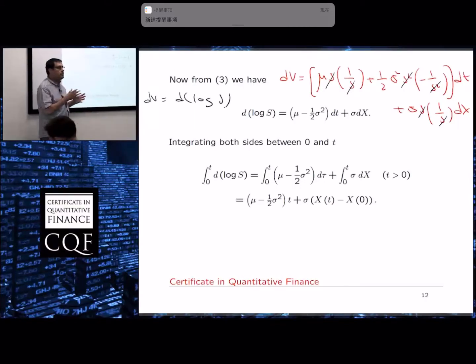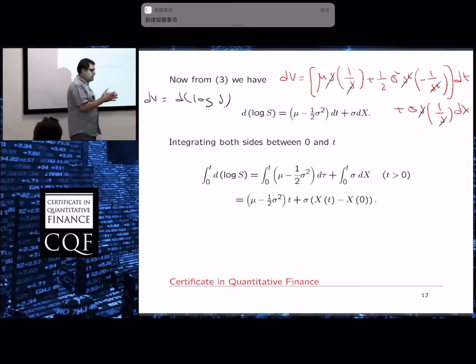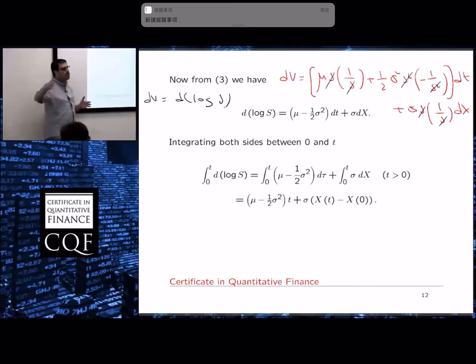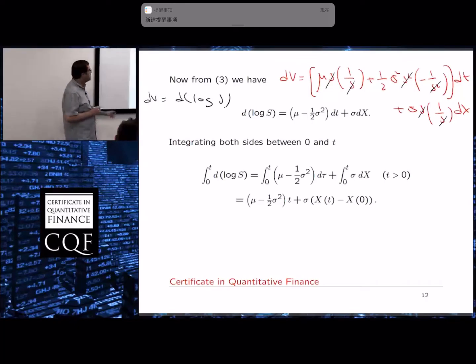So we choose a time horizon between, say, now and some time in the future. And in this case, what Paul's done is he said today is time t equal to 0, and he's going to integrate between now and some time in the future, little t. Right, so that's what's happening over here. So each of these terms is being integrated.